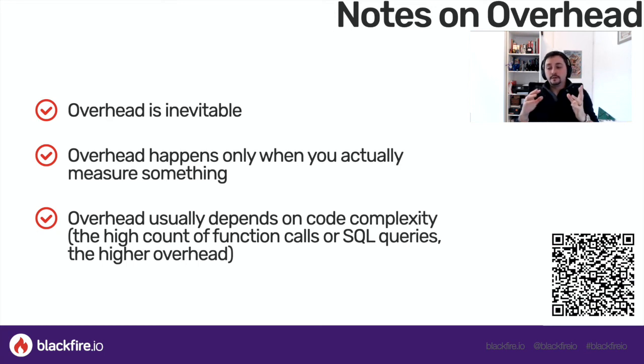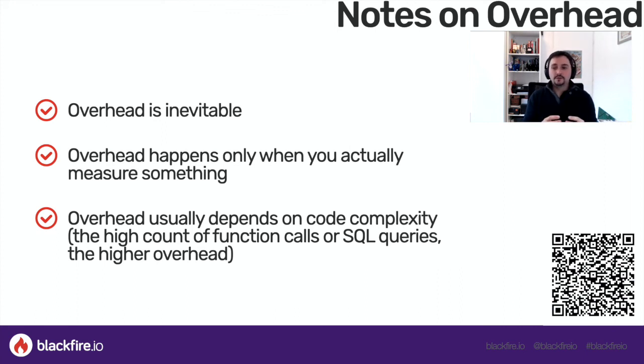Another question that we often get is also, why, when I profile with Blackfire, does it tell me that my code executes in 2-3 seconds, whereas if I look with some other tools, so maybe just an APM on production, it will tell me that the same code is actually executed in a couple of hundreds of milliseconds.